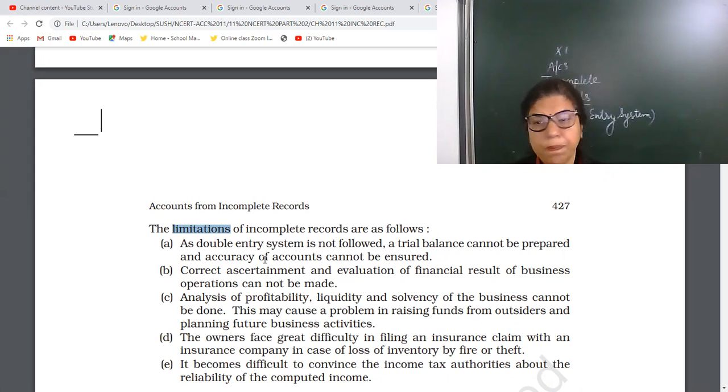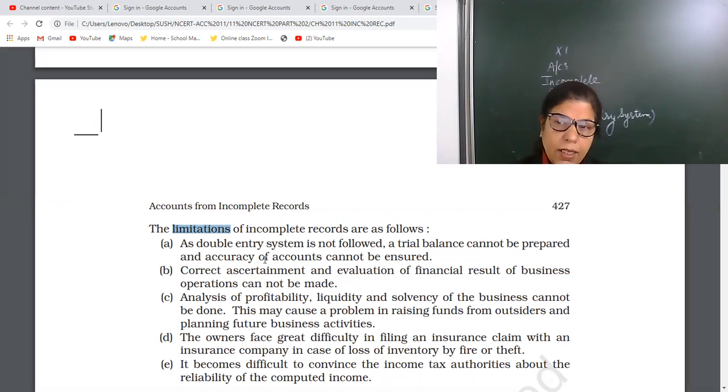Then liquidity. Liquidity means availability of cash and cash equivalent whenever required. So how can the businessman judge the liquidity of cash and cash equivalent? Liquid ratio and current ratio can't be calculated.